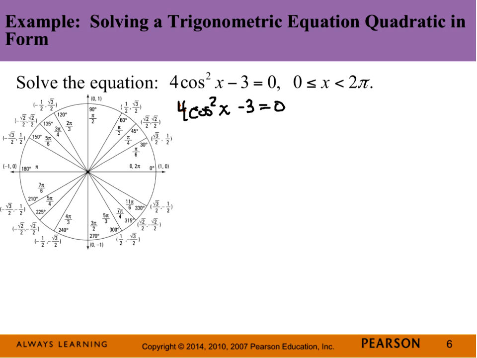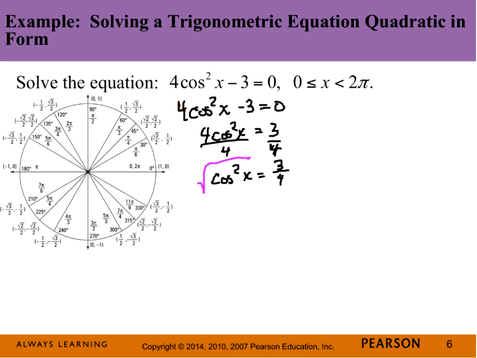So I'm going to start isolating my function. First thing I'm going to do is add 3 to both sides. So 4 times the cosine squared of x is 3. Divide both sides by 4. So cosine squared of x is 3/4.